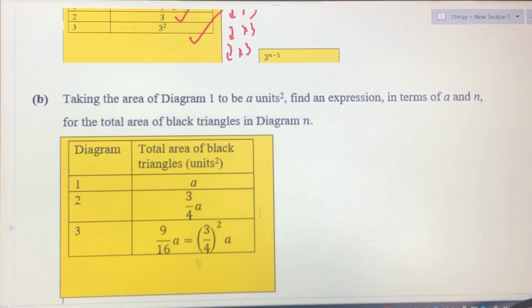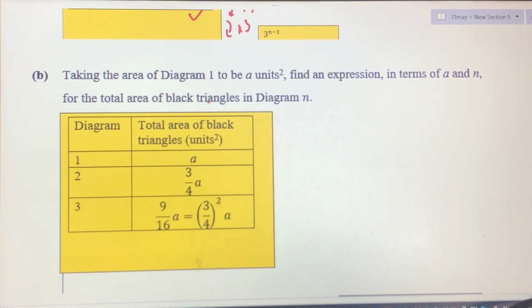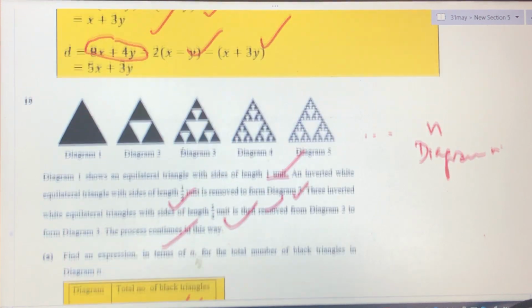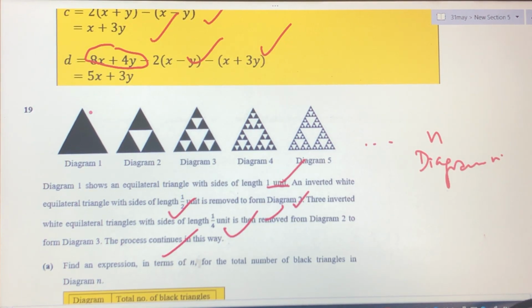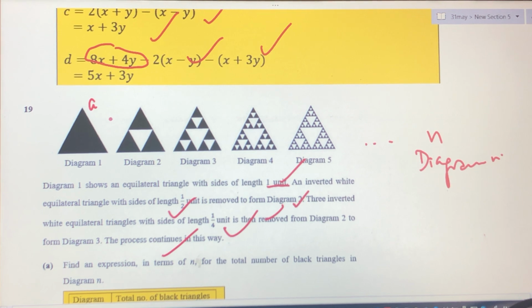Now the next one: taking the area of diagram 1 to be A, find an expression in terms of A and n for the total area of the black triangles in diagram n. The answer is here, I just hope you can see what I'm doing. This area is A. This area is 1, 2, 3, 4: 3 black out of 4 triangles, so 3/4 A. Then for this one, you go and count 1, 2, 3, up to 16.